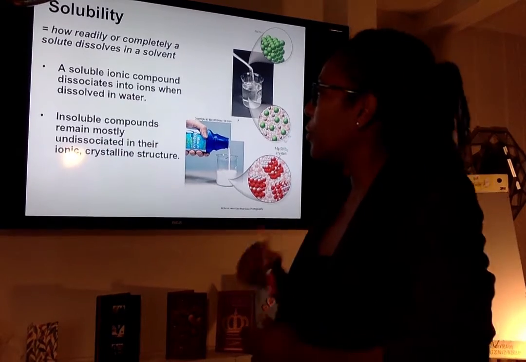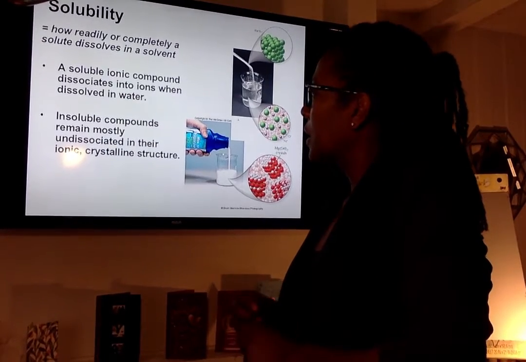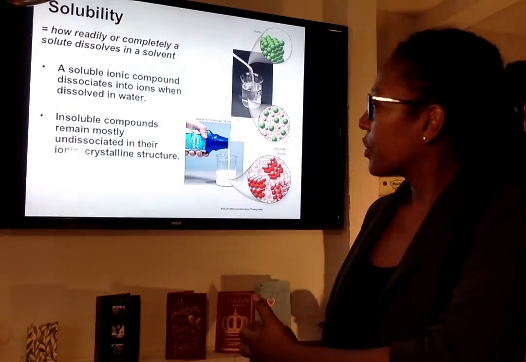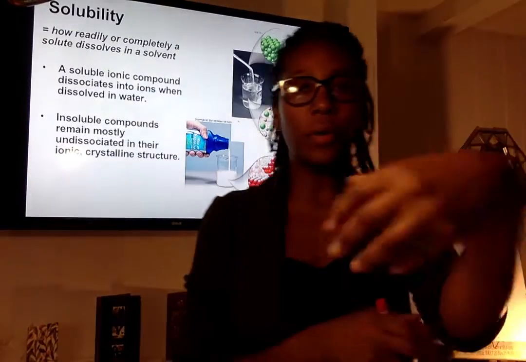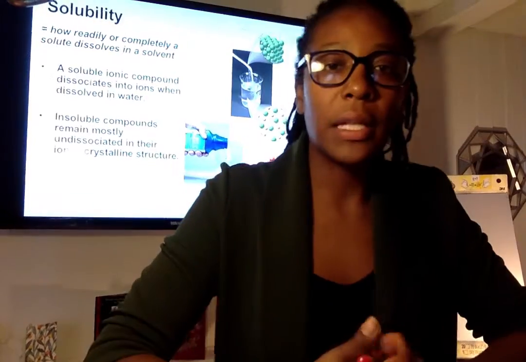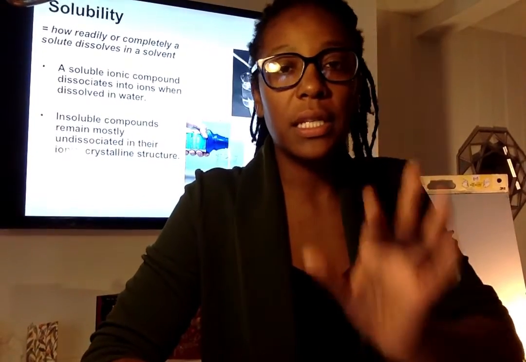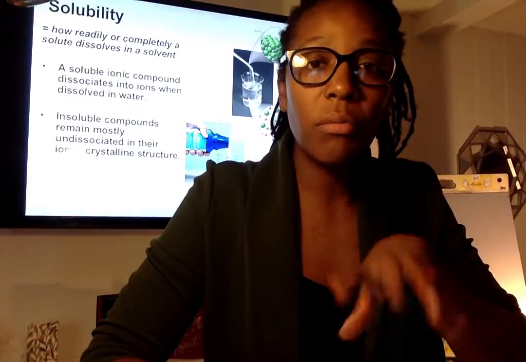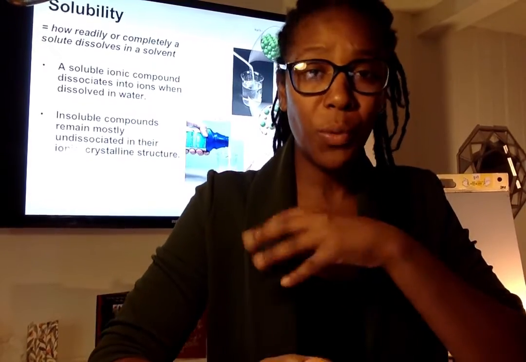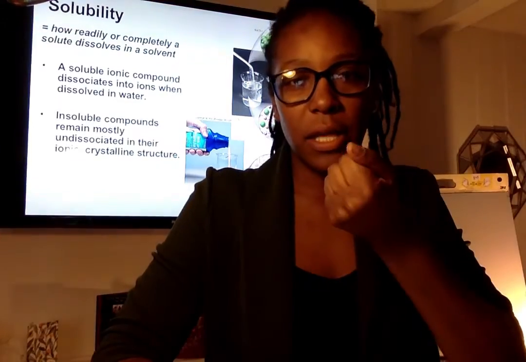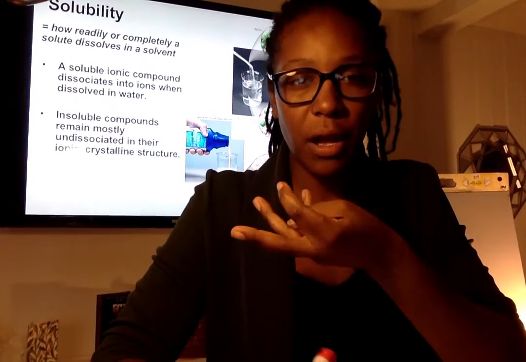And insoluble compounds remain mostly undissociated in their ionic structure, their crystalline structure. So when it's insoluble, like in our precipitation reactions, it's a solid, so it doesn't break down into a homogeneous mixture with the water. It just stays as a solid of whatever that compound is.